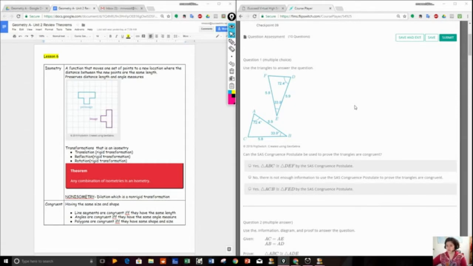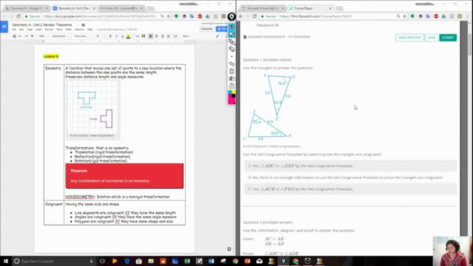Question 1. Use the triangles to answer the question. Can the SAS congruence postulate be used to prove the triangles are congruent? So we have: yes, because triangle ABC is congruent to triangle DEF by SAS congruence postulate.